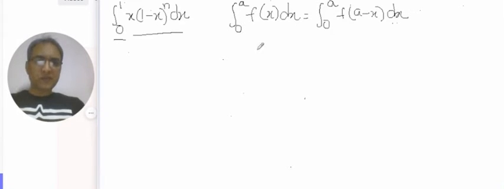That means wherever x is there, you can put a minus x. Where a is the upper limit of the integration.